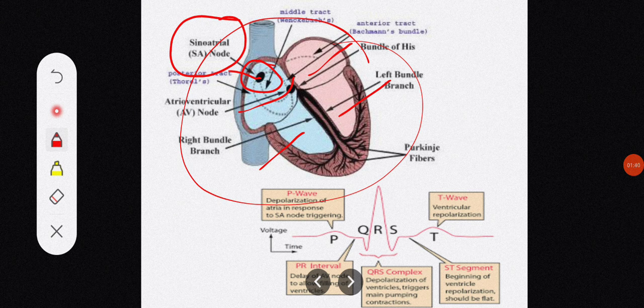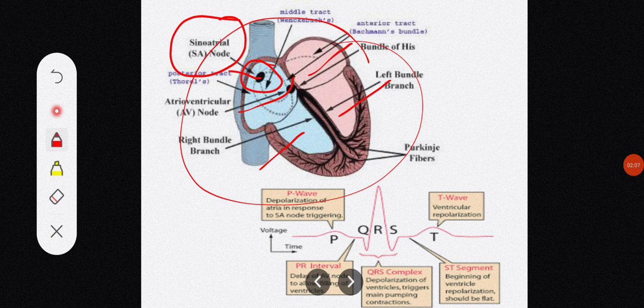Now because of these action potentials at the specialized pacemaker cells, what happens? Ionic currents flow. During this depolarization process of the pacemaker, that is the generation of the action potential, ionic currents flow, and because of the ionic current flow, adjacent cells get excited and undergo the depolarization process.